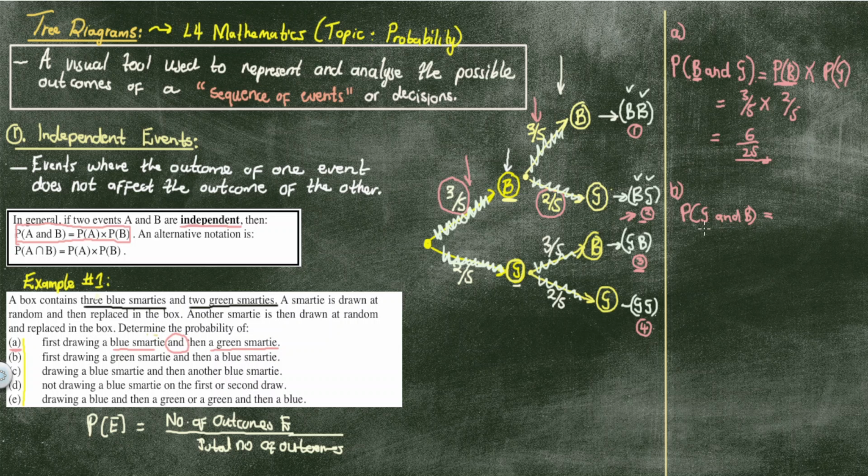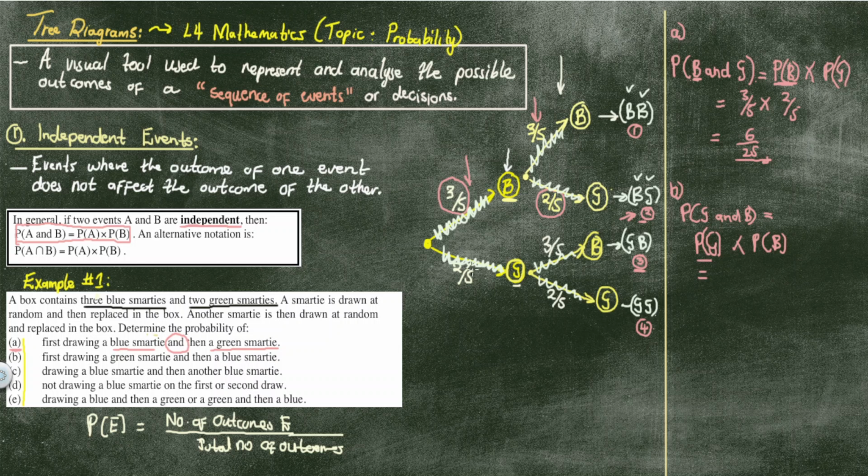So the probability of choosing a green and then a blue is going to be the probability of choosing green multiplied by the probability of choosing a blue. Green and then blue is branch number 1, branch number 3.